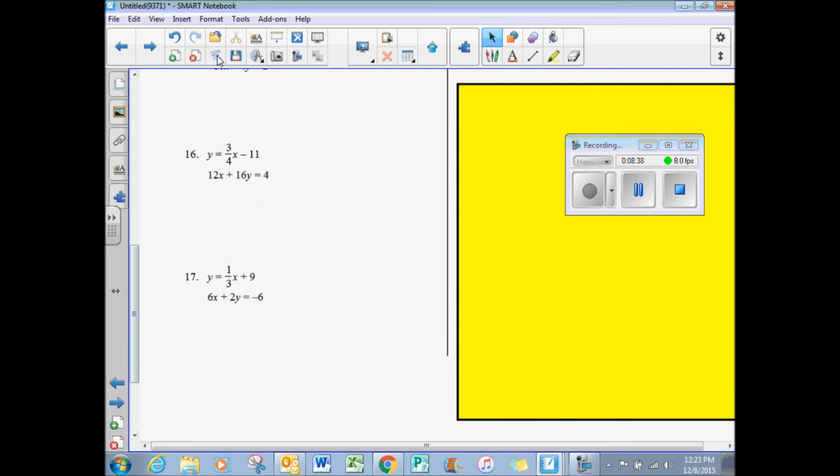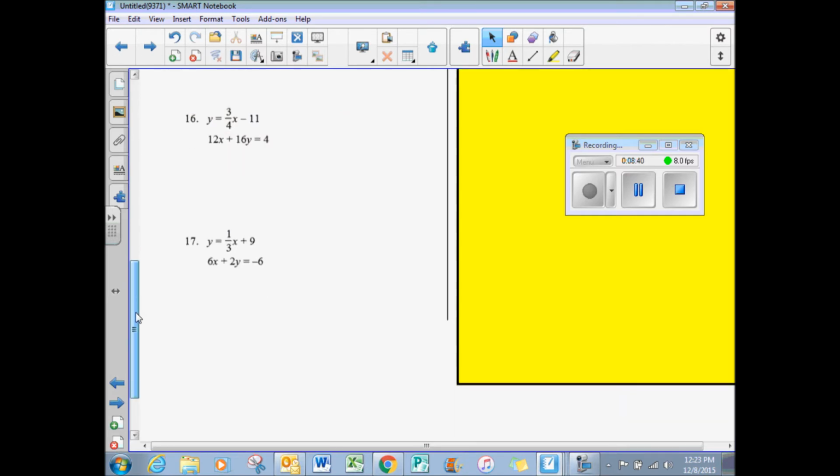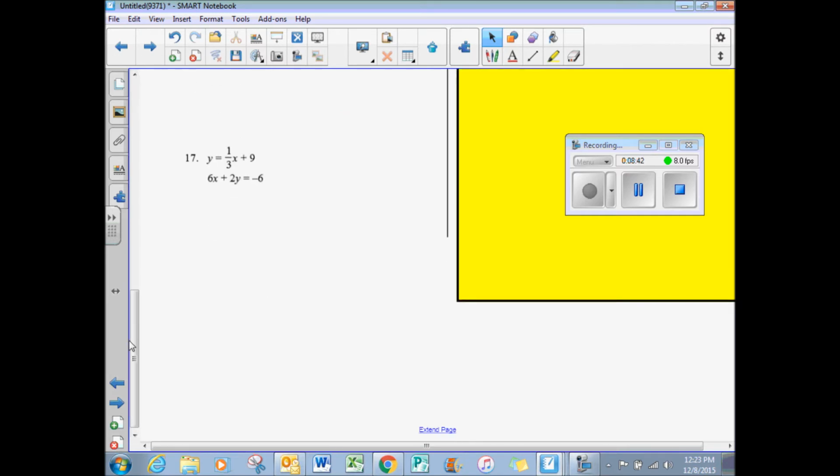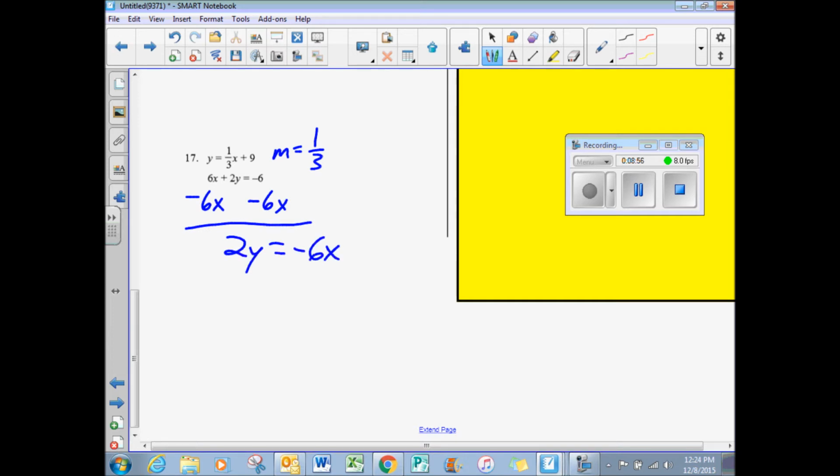Then, when we look at the last one, you're probably thinking, it's probably perpendicular because we got a parallel and a neither, right? That would make sense. Let's find out. So, I was given the slope on this one, so I don't have to work hard at that. On this one, I have to get y alone. So I better be good at getting y alone by now, right? And divide by 2, and y equals negative 3x minus 3.